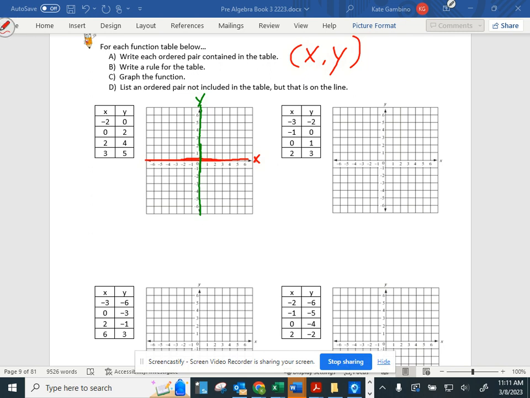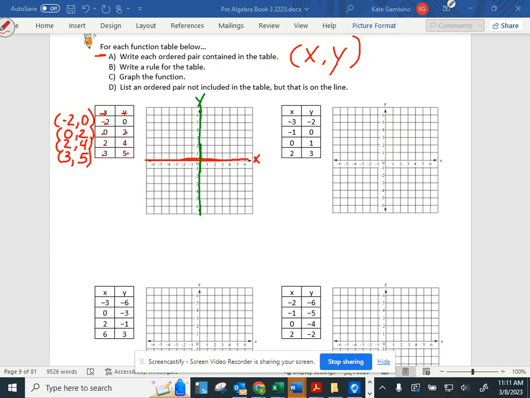So the way we do that is we see our X and our Y. It would be (-2, 0), (0, 2), (2, 4), (3, 5). We take the X and put it with the Y. Make sense? Now we have 4 ordered pairs that we need.